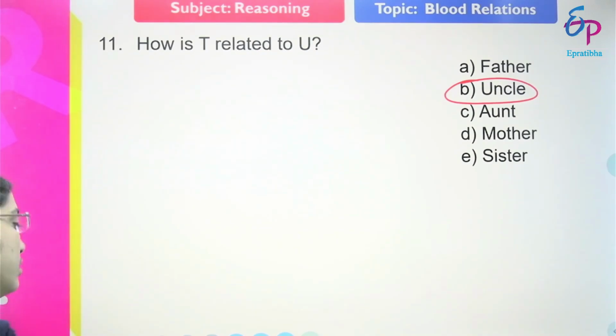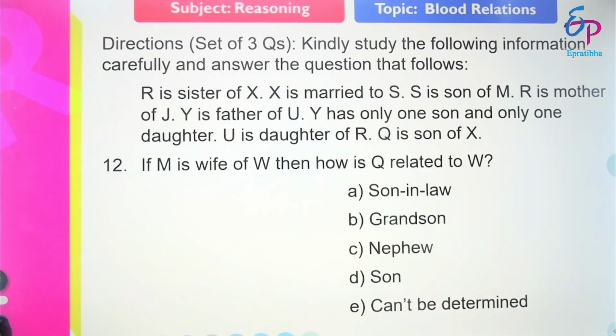Then we need to move to the next question, right? Here we are having a set of 3 questions, friends. They are mentioned clearly. All 3 questions are related to some basic information.